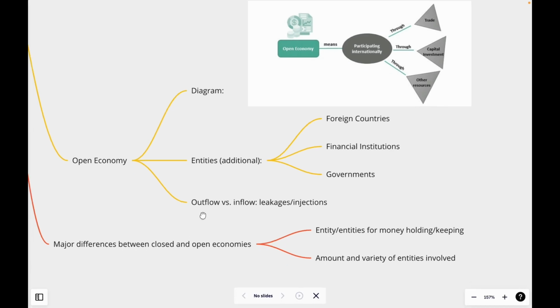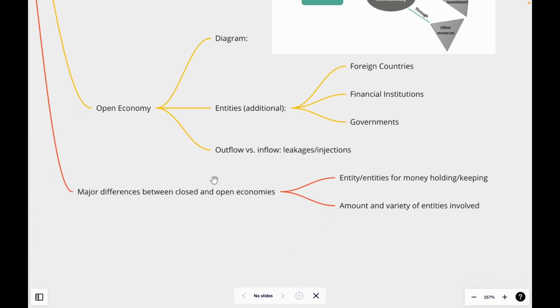So, talking about these 2 models, what are their major differences? Firstly, the entities for money holding or keeping. In the closed economy, the entity that holds on to all the money is the household.